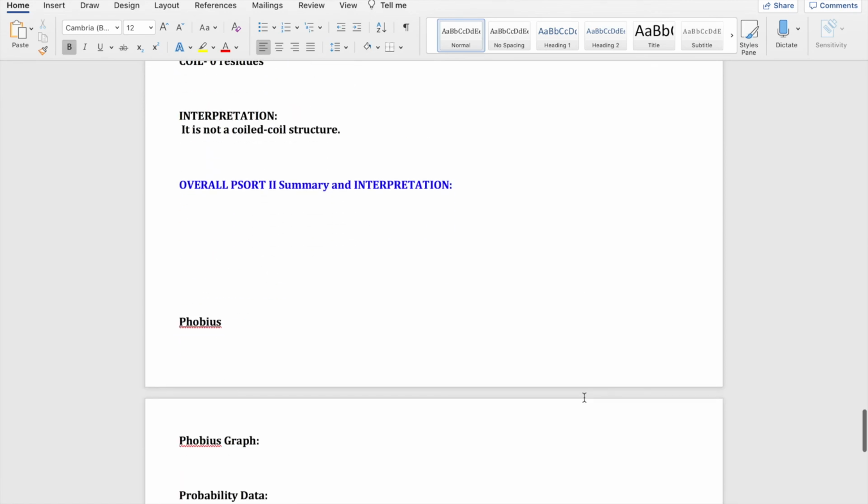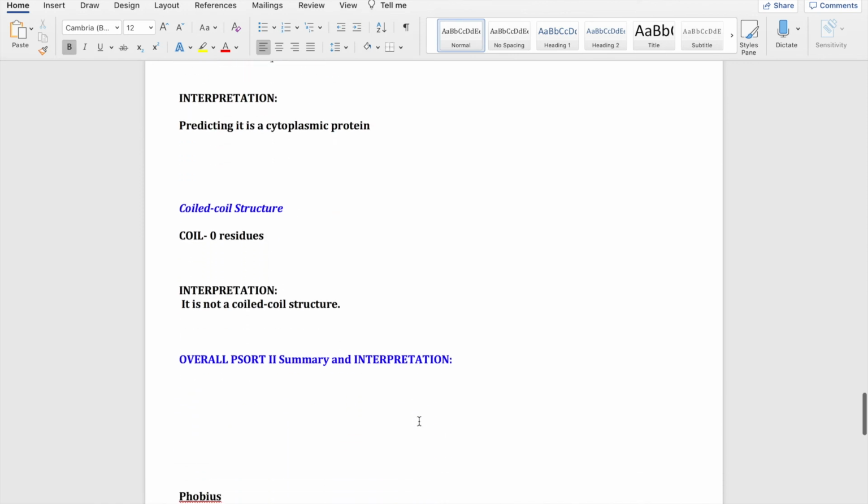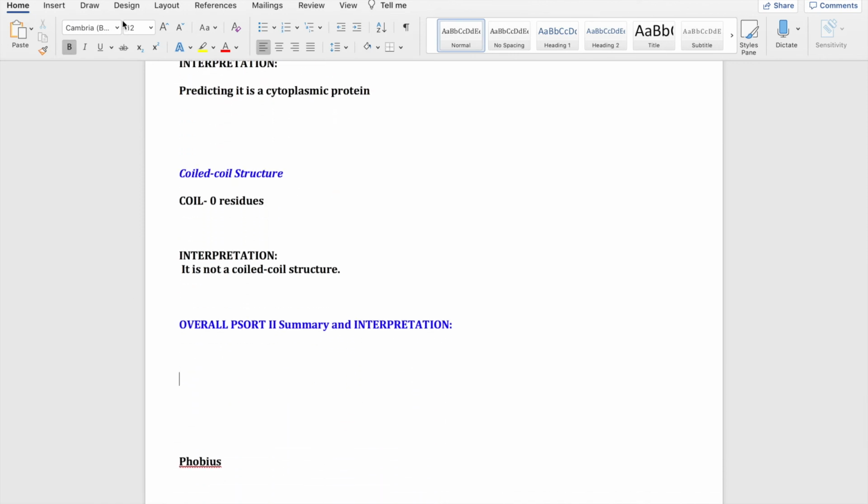So anything that stands out in terms of where a protein could be or where a protein strongly could not be, you would want to include. So I'm going to say the protein crosses the membrane 9 times. So it could be a peroxisomal protein as well.